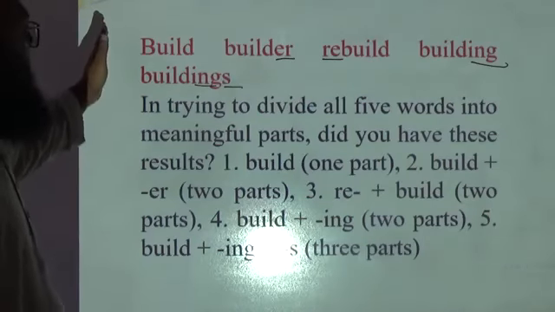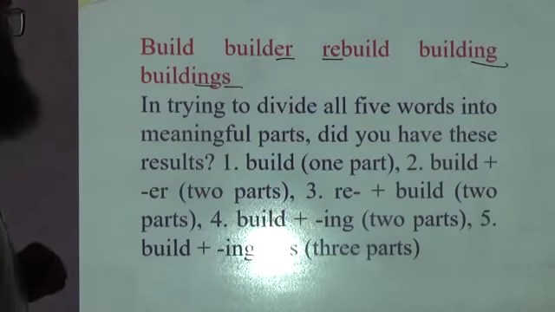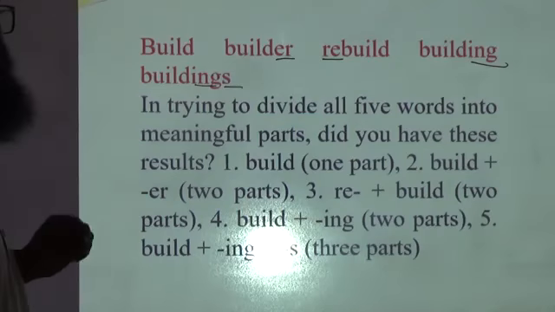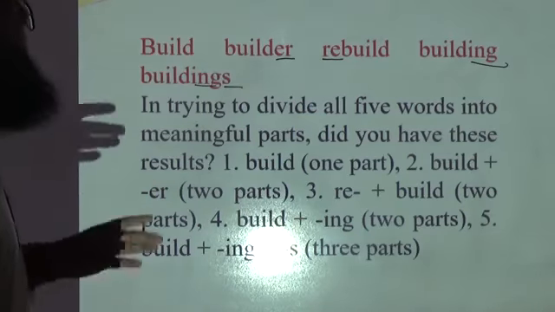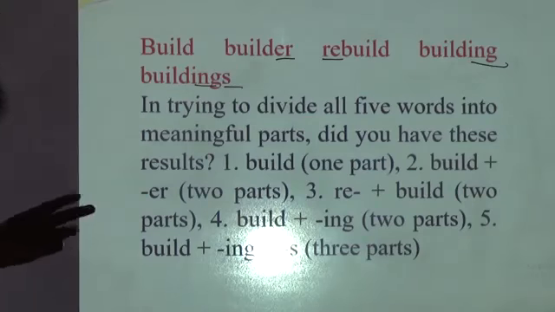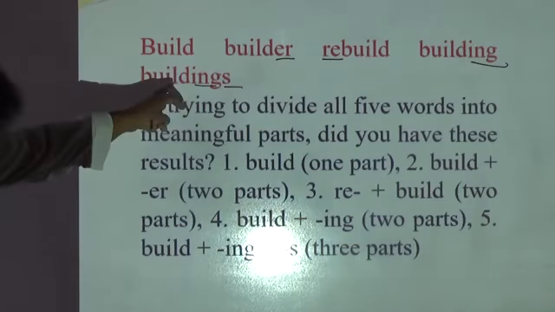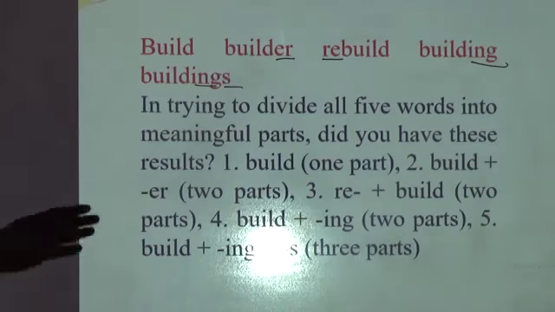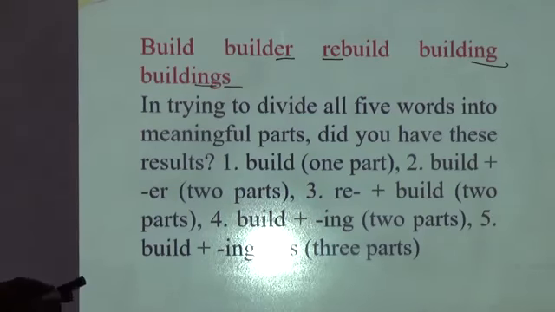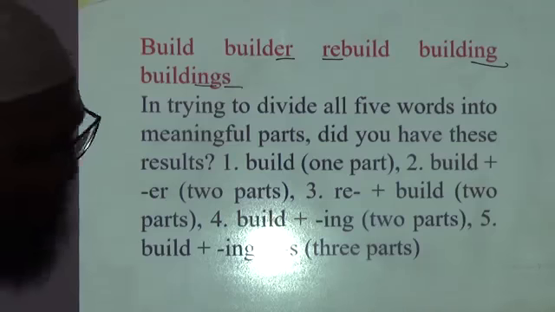That's why it has only one part. But builder has two parts, build and er. Rebuild, two parts. Building, two parts. Buildings, that means three parts. These are all the small parts of the words.